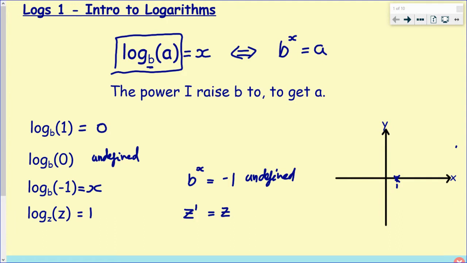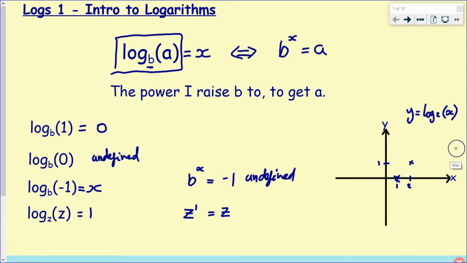Let's say this is y equals log to the base 2 of x. So when x is equal to 2, log 2 of 2 will just be 1. What power do I have to raise 2 to get 2? 1. So I'll put that value there.